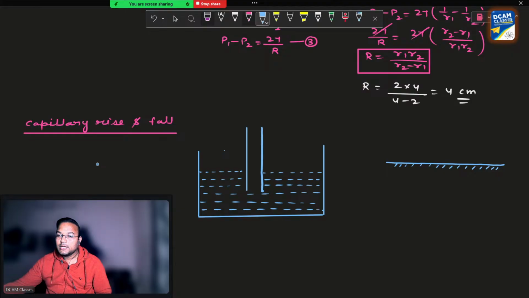Why? Because of its angle of contact, this is the surface of water. This is the angle of contact. The less the angle of contact, the more easily the liquid spreads.